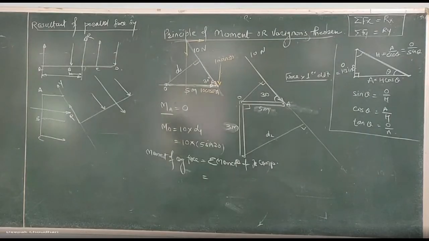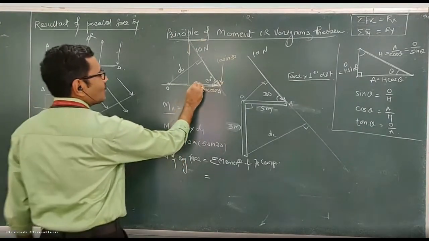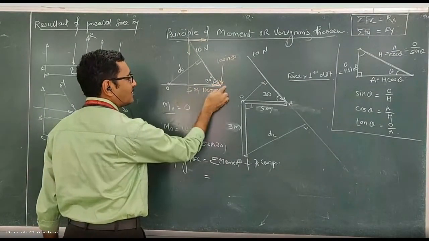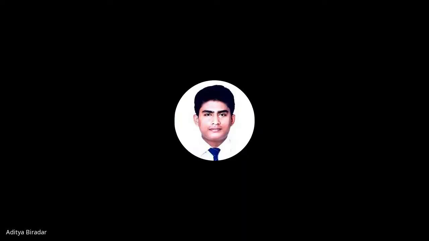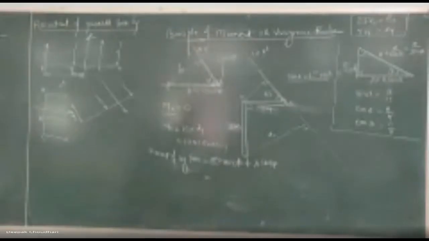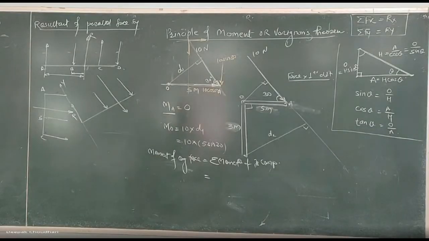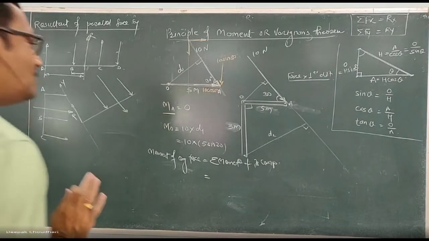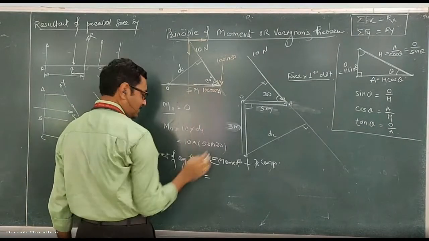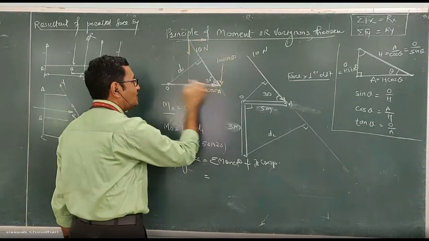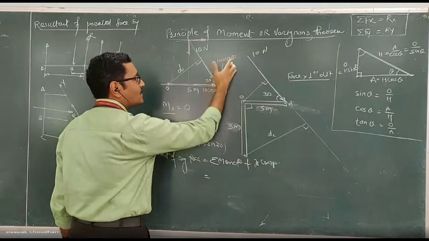What is the moment of this 10 cos 30 horizontal component about O? Somebody said 10 cos 30 into something, somebody says 25. Look what I am asking. I already said that the moment of this 10 newton force about O is equal to the summation of the moment of its components.